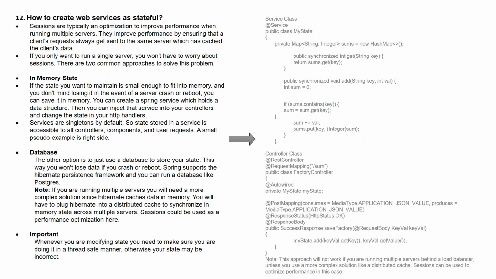You will have to plug Hibernate into a distributed cache to synchronize in-memory state across multiple servers. Sessions could be used as a performance optimization here. Important. Whenever you are modifying state, you need to make sure you are doing it in a thread-safe manner, otherwise your state may be incorrect.